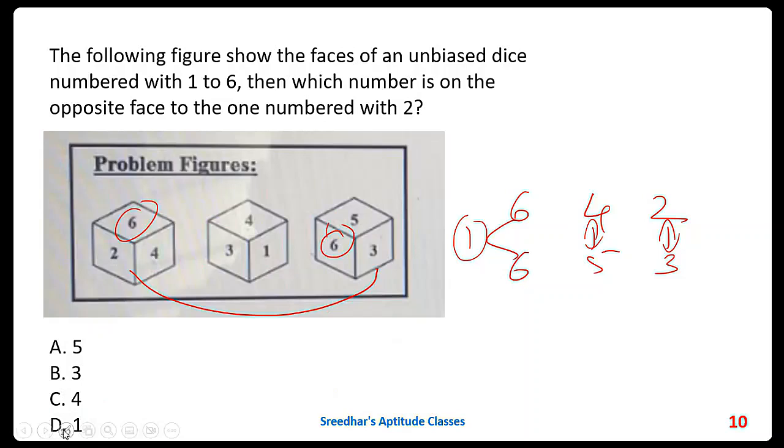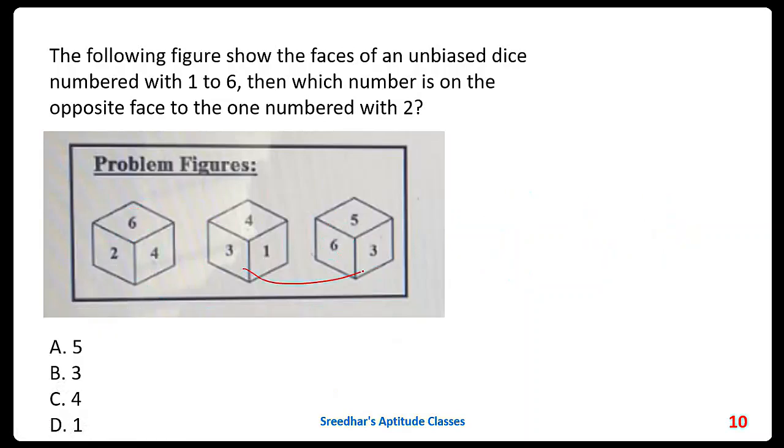If I take 2 and 3, 3 is common. So 3, 4, 1. Here also 3 is common: 3, 6, 5. Then I am getting 1 and 5 opposite, 4 and 6 opposite, 2 and 3 opposite.